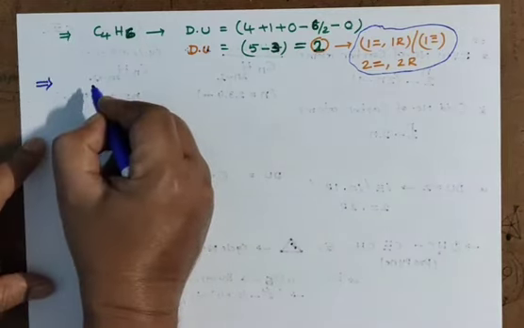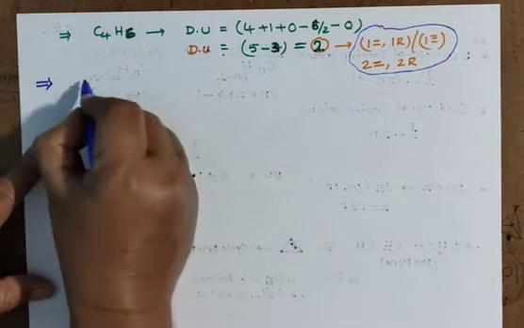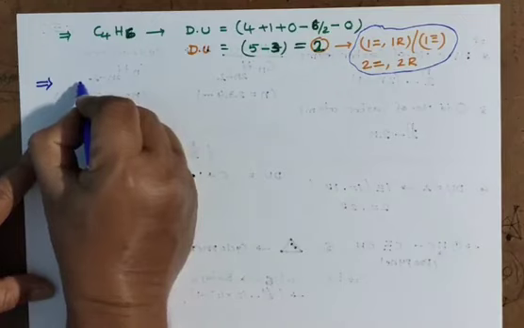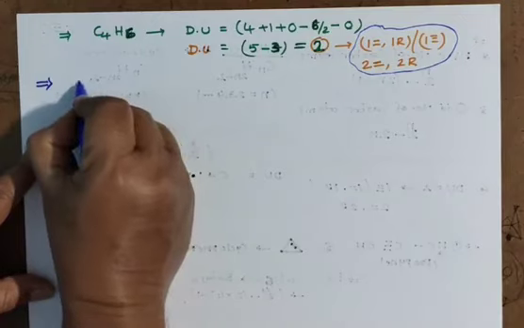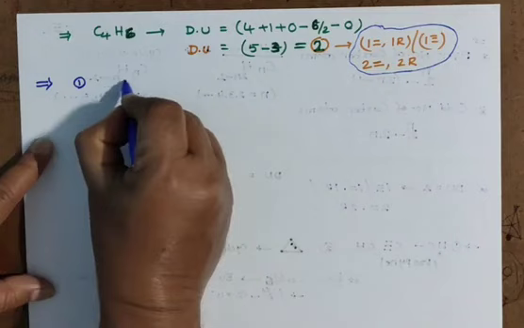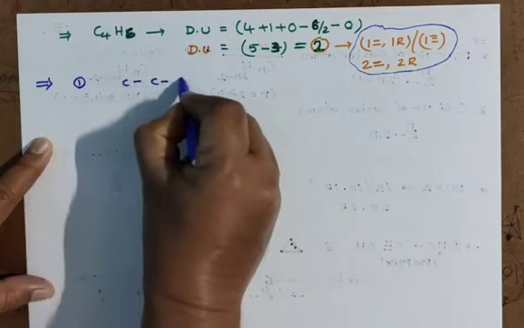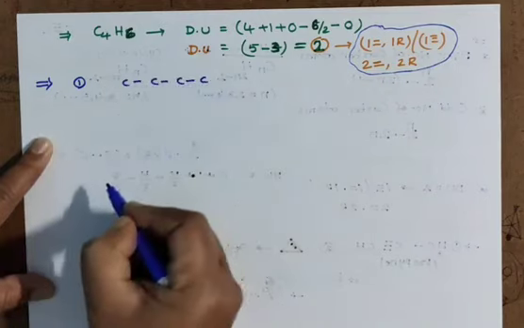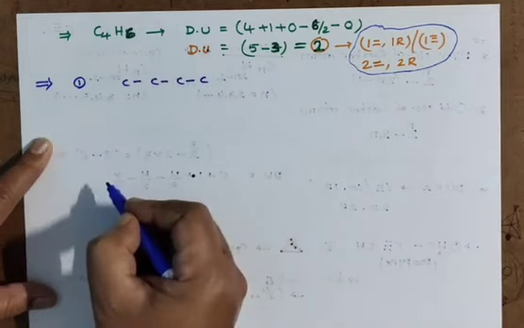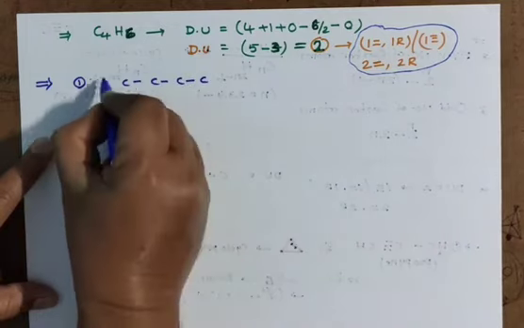With 4 chain, open chain I am drawing first. 4 chain, open chain. First I am taking 1, 2, 3, 4. 4 carbon chain.